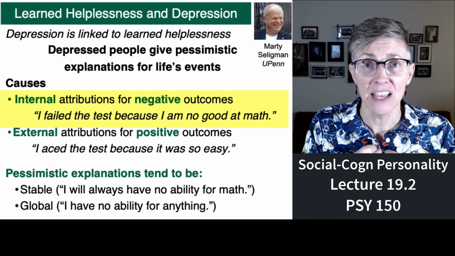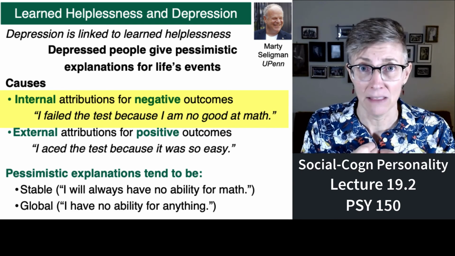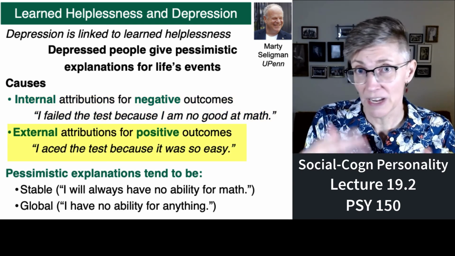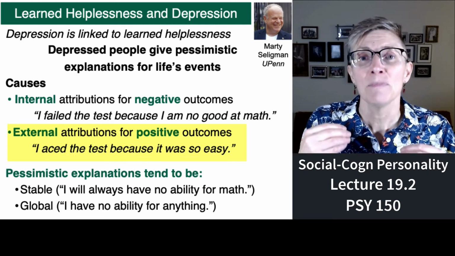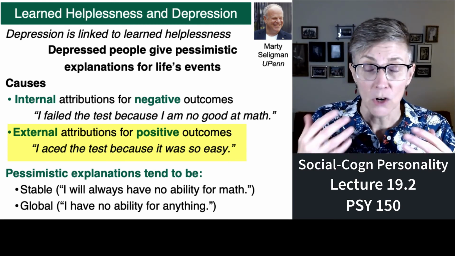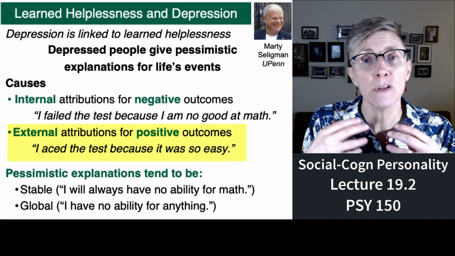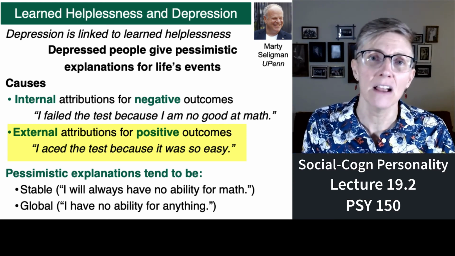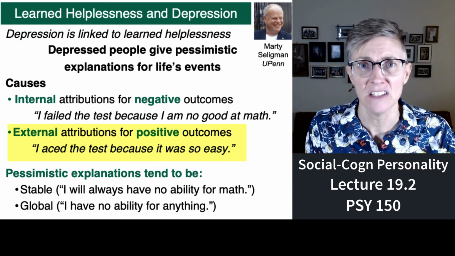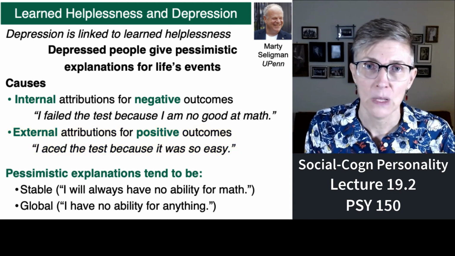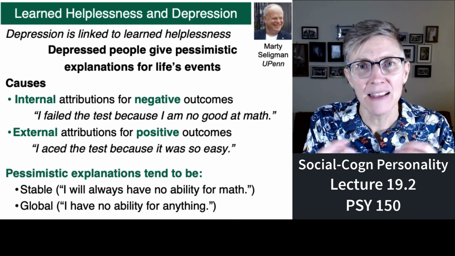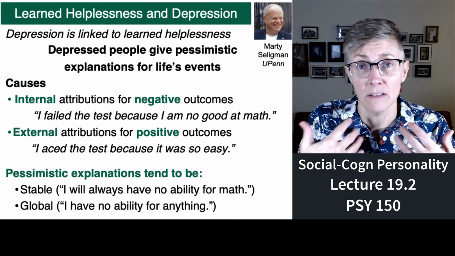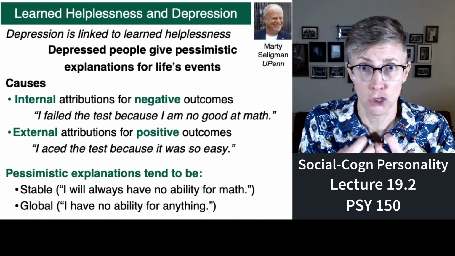I failed the test because I'm no good at math. But if something positive happens, say I did well on the test, people who are depressed or have learned helplessness attribute positive outcomes to external events. They'll say, oh, I did well on the test, but it was an easy test. So you see how that bias just robs people of any sense of self-worth and sense of an internal focus of control.